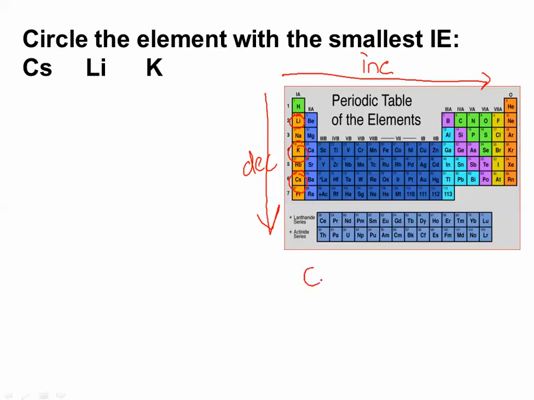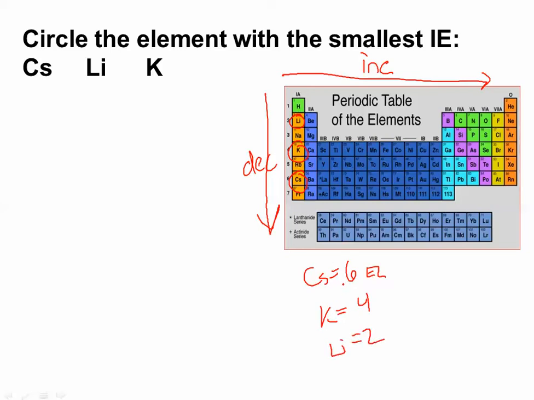Well, what do we know? Cesium has 6 energy levels or shells. Potassium has 4, and lithium has 2.